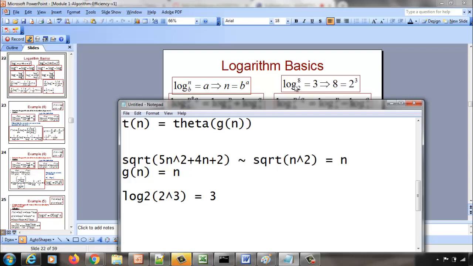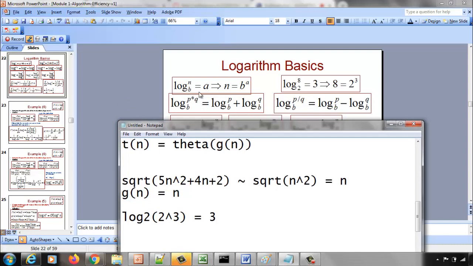Now, given log 8 to the base 2 is 3, we can also say this base raised to this answer 3, 2 cubed, is 8. So that's the formula: if log n to the base b is a, it implies b raised to a is n.